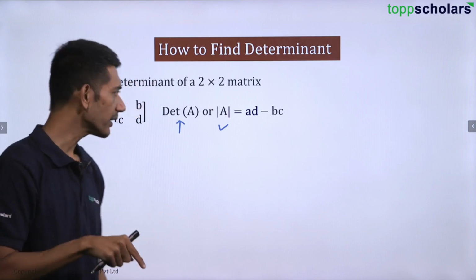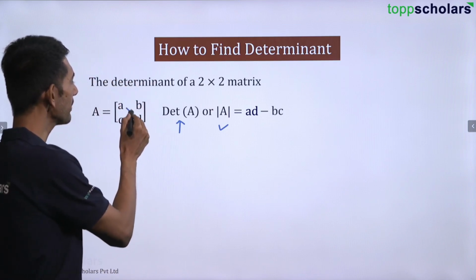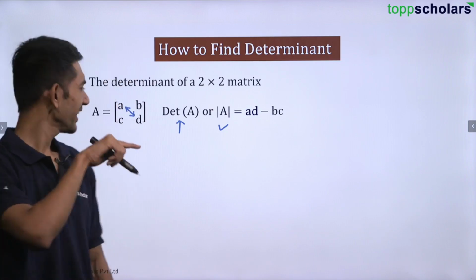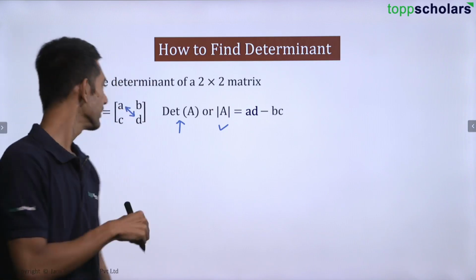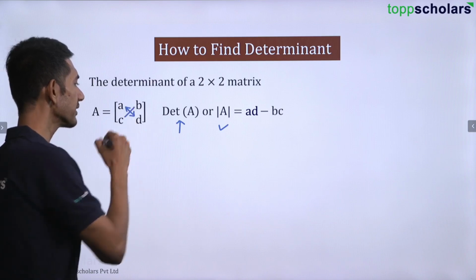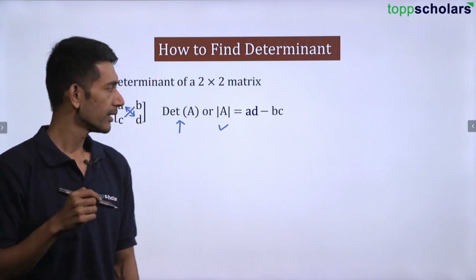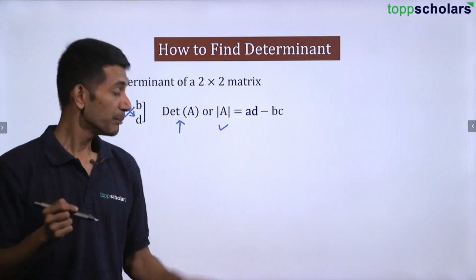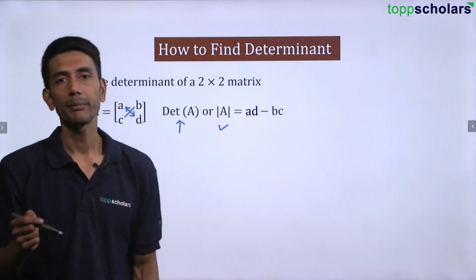Determinant of A is given by A multiplied by D, that is, we multiply the elements in the leading diagonal, then multiply the elements in the other diagonal, that is B and C, and then subtract them. I hope this is clear. So AD minus BC is nothing but the determinant of A.